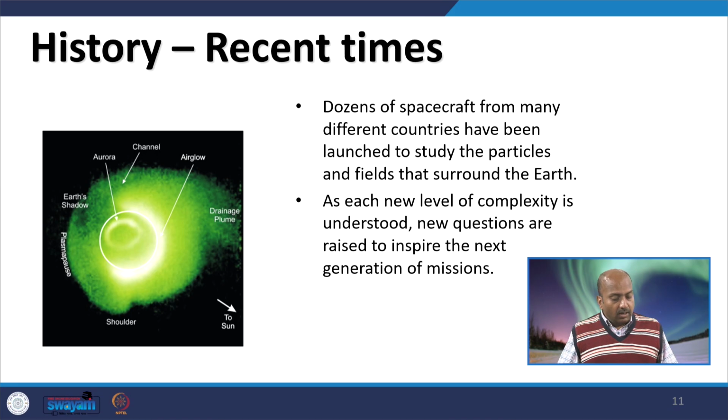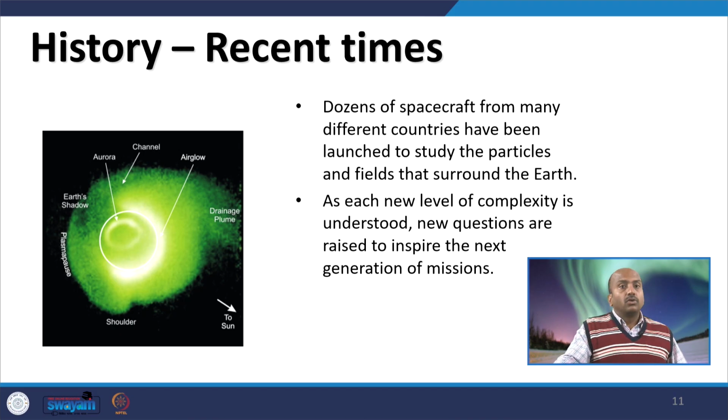We can understand many things like particle energy characterization or the energy distribution, particle counts, and how it responds to the solar prominences. As a new level of complexity is understood, new questions are raised to inspire the next generations of missions, right. Even the Aditya L1 mission had dedicated payloads to understand the particle fluxes, their distributions, their velocities, so many things.